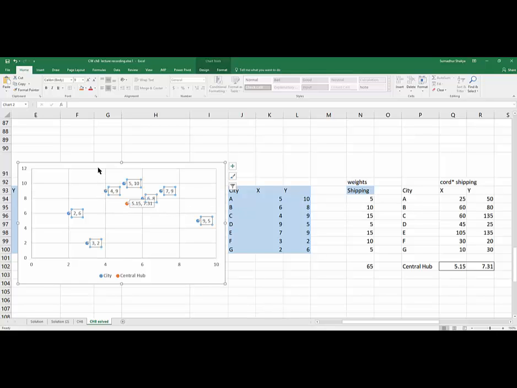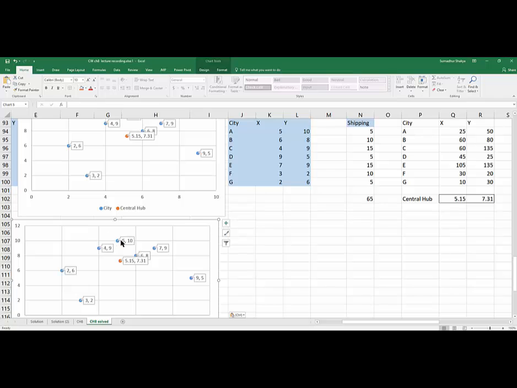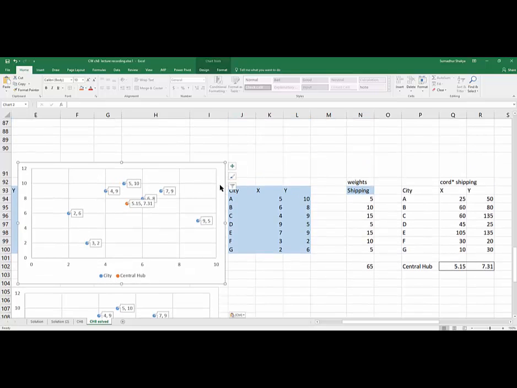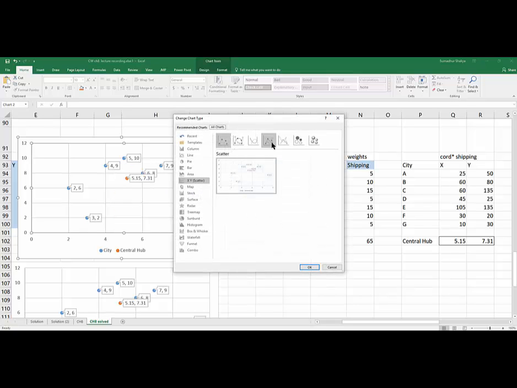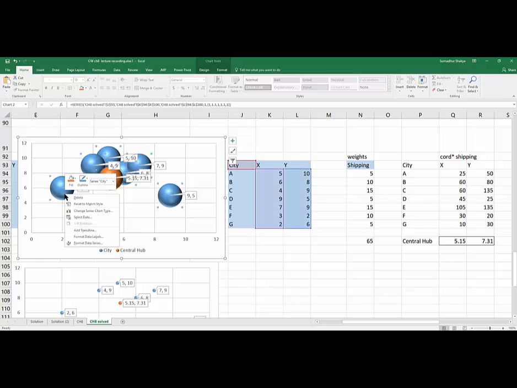Now, the way you can do this is, let me keep this graph as is and paste this at a separate place, and now I can make the changes to my original one, so then I always have a working graph. First thing I want to do is right click on this, change chart type, and do a bubble size. Now currently all of those points are represented by the bubble.